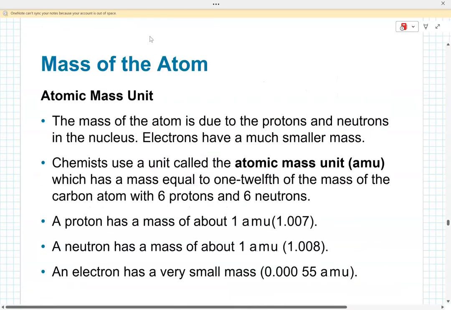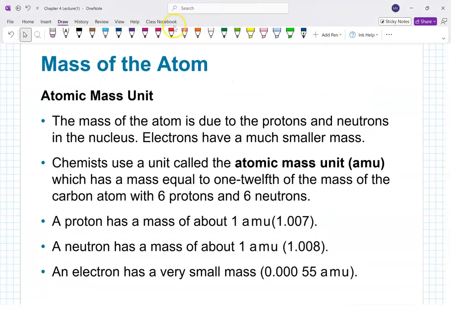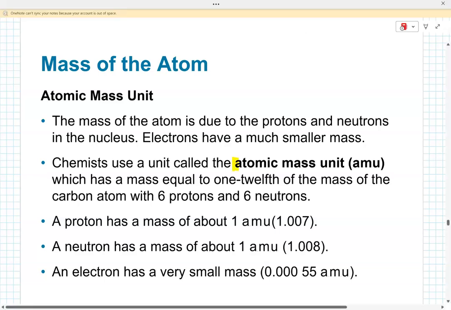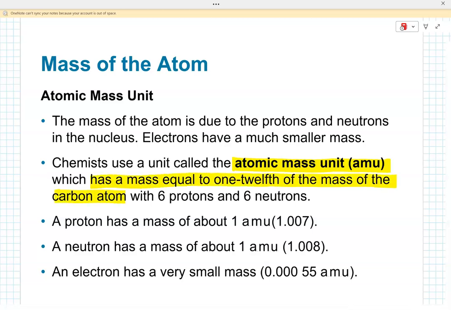So now we're going to talk about the mass and the atomic number eventually. So what is the atomic mass unit? Atomic mass unit, which it is a mass equivalent to 1/12 of the mass of the carbon.